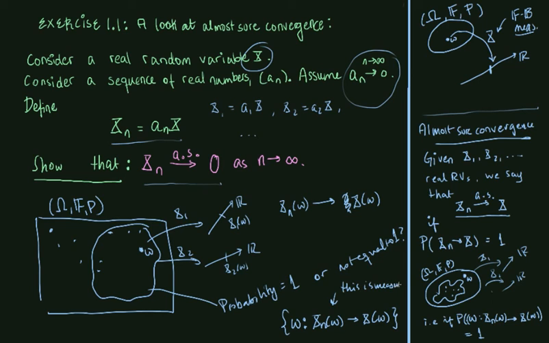What I mean by this is we're assuming that this set is an element in our sigma algebra F. But is it actually true that this set is measurable? We can think a little bit about that, because it's not a given that this set is measurable.